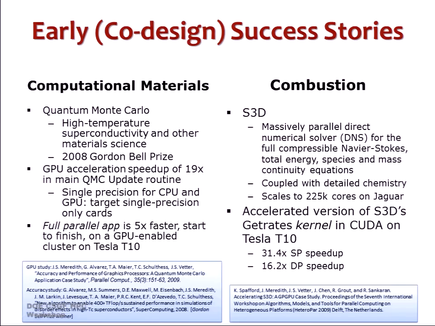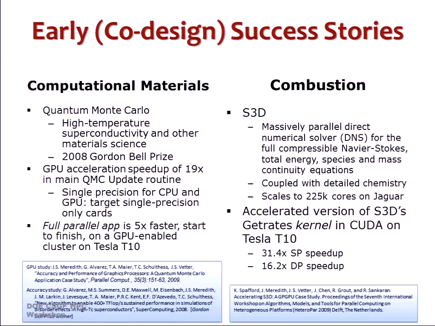Some of the applications, and I have several application slides in here because people always ask us what applications perform well. Are there any real applications running on the system? And we certainly have some. We early on experimented with computational materials and saw some nice speed ups there, and this is about 3 years ago, but we would see a speed up of about 5x for the overall application.